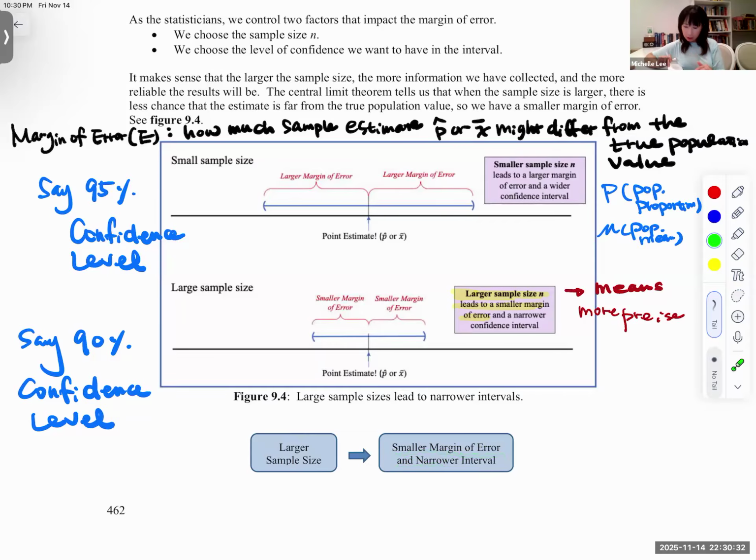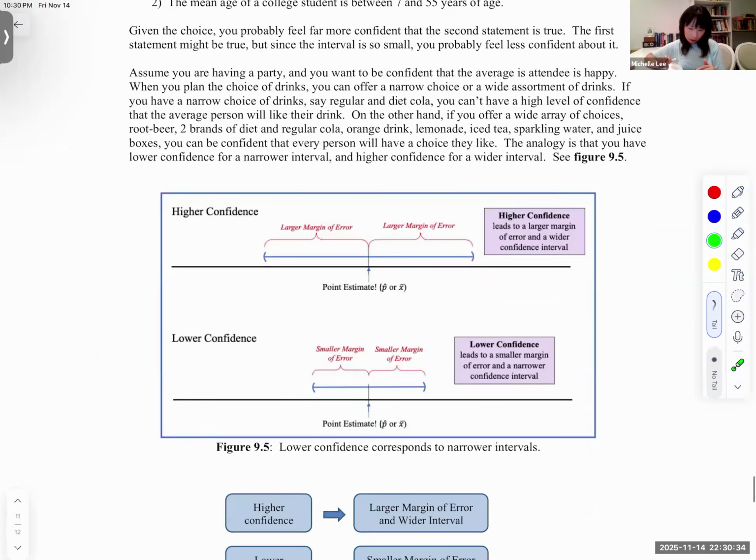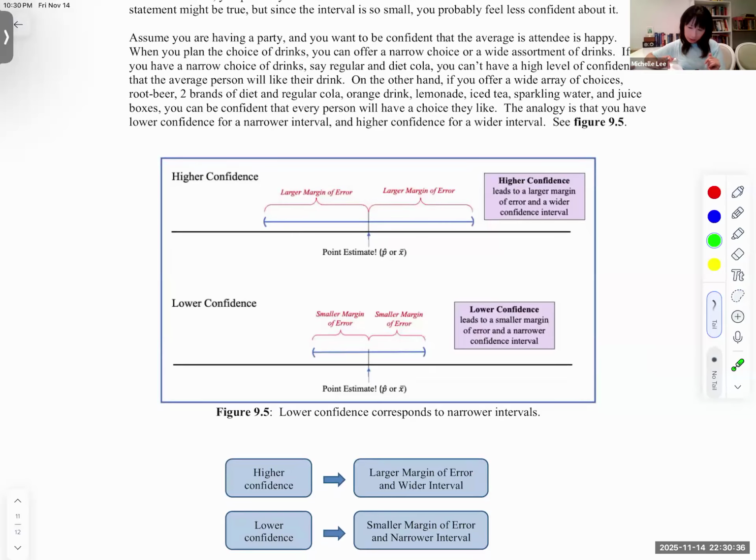Clear? Now, with higher confidence, say 95%, we have a larger margin of error. If we have a larger margin of error, then they have a smaller sample size, and then we say a wider confidence interval.